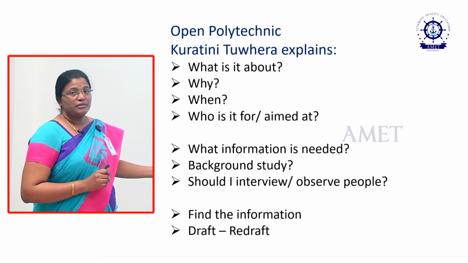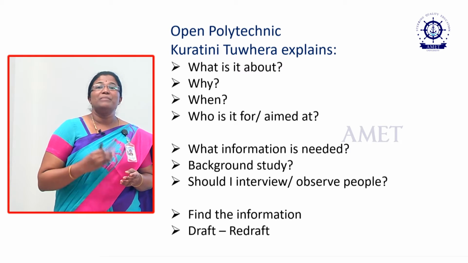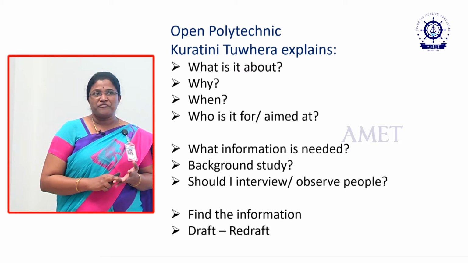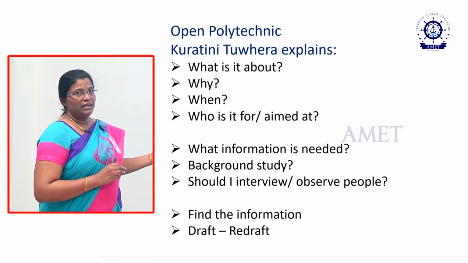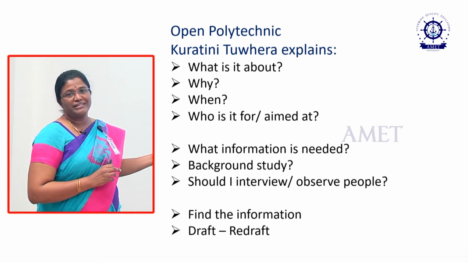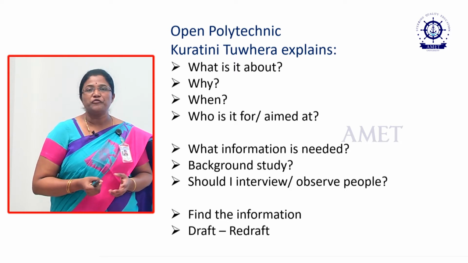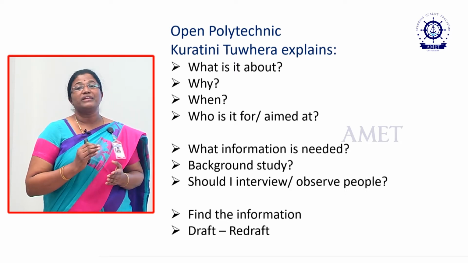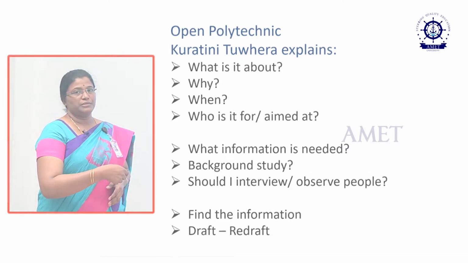Drafting is very essential because you submit it in black and white. So, drafting should go at least 2 times. That is why it is written as draft and redraft. Anything that is submitted in black and white requires proofreading. So, 2 times, very carefully, very meticulously, it should be documented before submission.